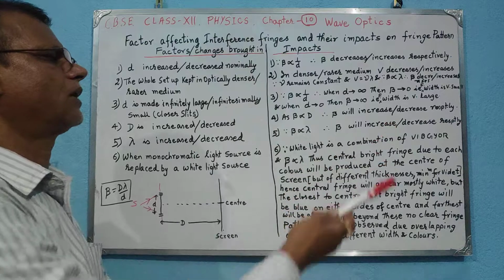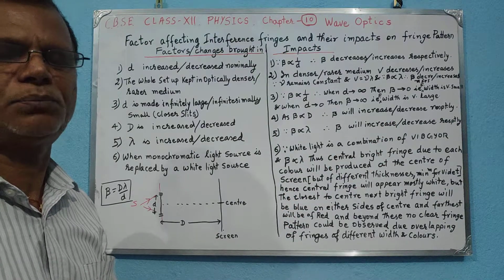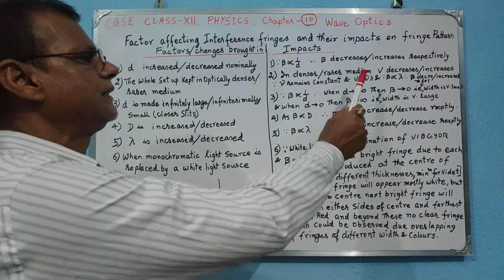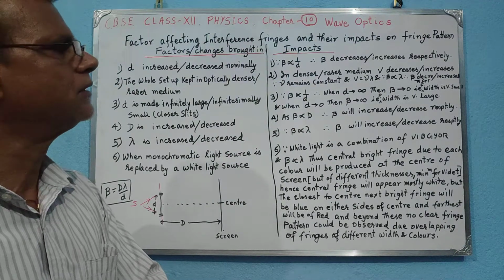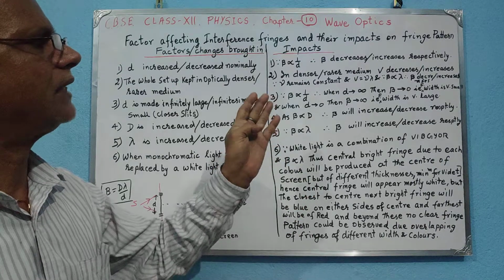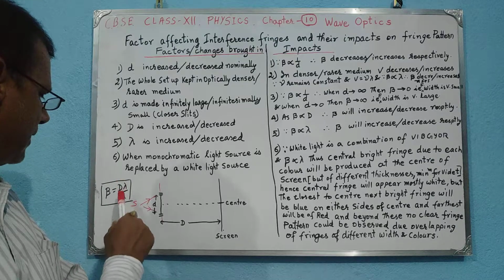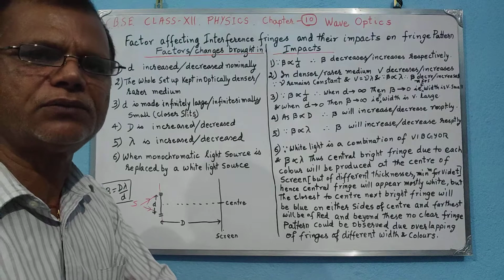Now if we talk about an optically rarer medium, the speed of light will increase. If the speed of light increases, the wavelength will also increase because frequency remains unchanged, and therefore, as the wavelength increases, with the relation beta equals D lambda by d, the fringe width is directly proportional to wavelength.